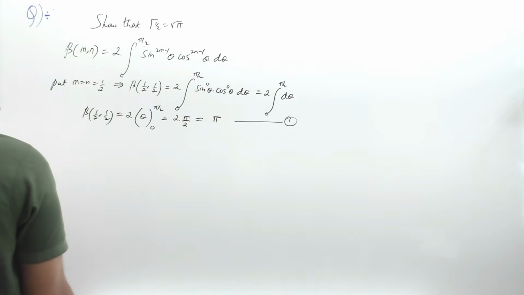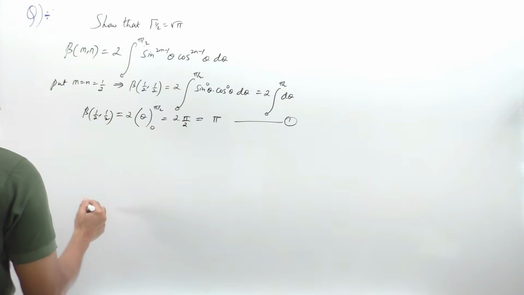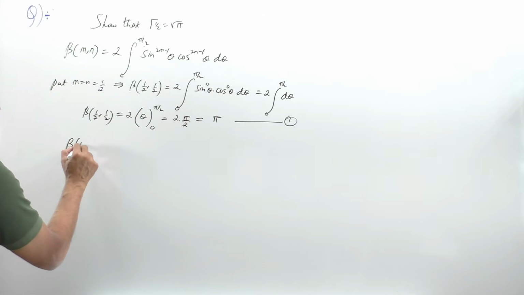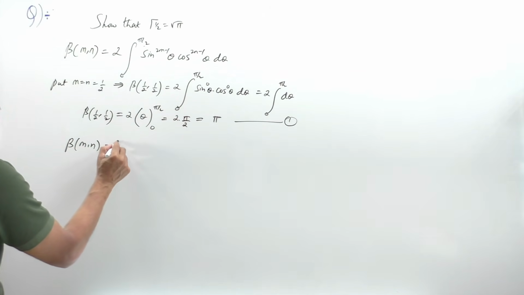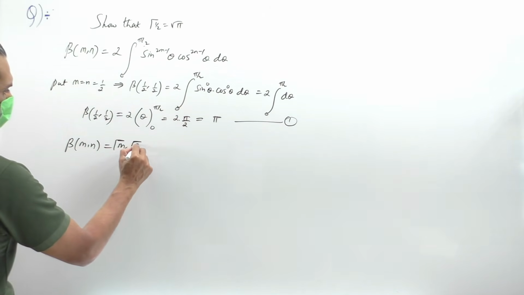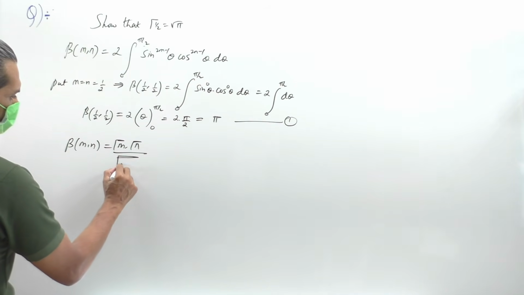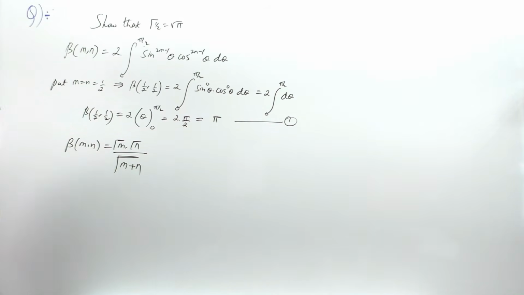Next, I have one more relation, beta m comma n is equal to gamma m into gamma n upon gamma m plus n, which we have derived a while ago. So here also I'll put m is equal to 1 by 2 and n is equal to 1 by 2.